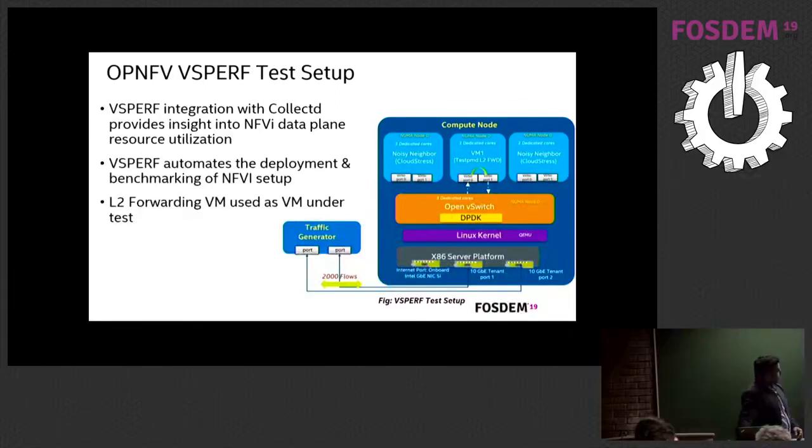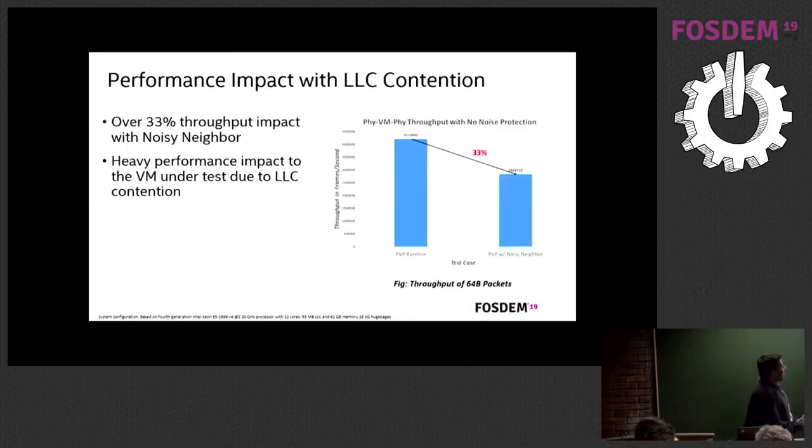Now when you look at the performance, if you look at the baseline performance with 4.2 million packets per second, as soon as you have noisy neighbor applications running, the performance goes down by about 33%. Most of the time, when you look at something like this, a lot of folks start debugging: do I have enough CPU?